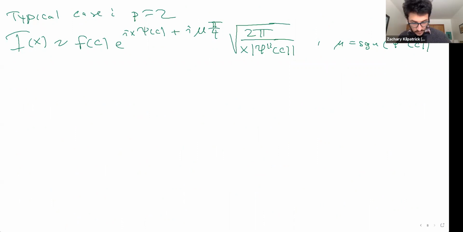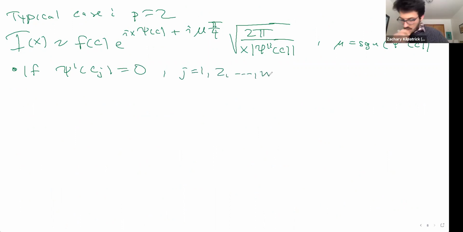and in general, if psi prime of Cj is equal to 0 for a lot of points, we talked about this sum, I think, in the last class or before, you're just going to sum over each contribution, okay?